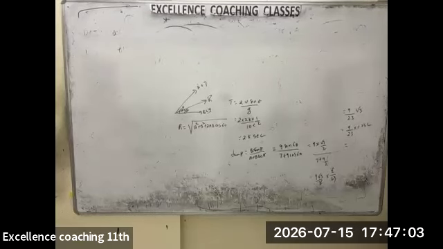Second point, if the object is moving with a constant speed in a single direction, then its velocity will be constant. Therefore, acceleration will be zero.